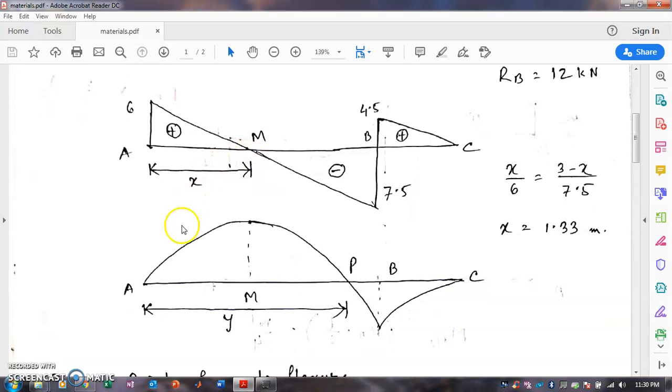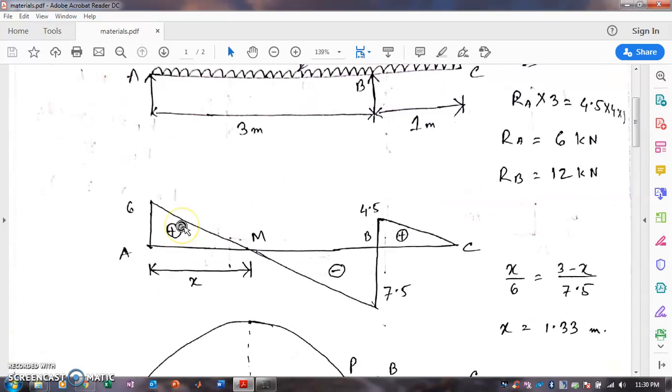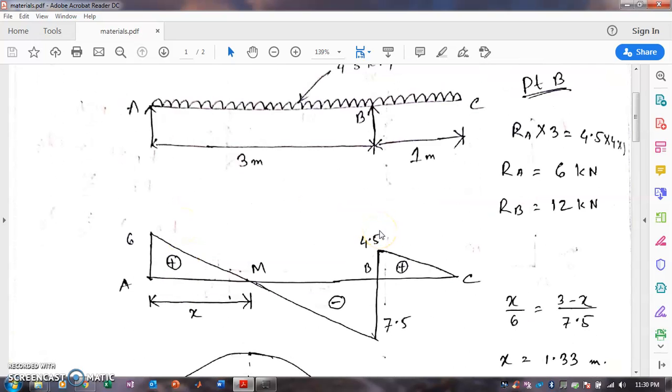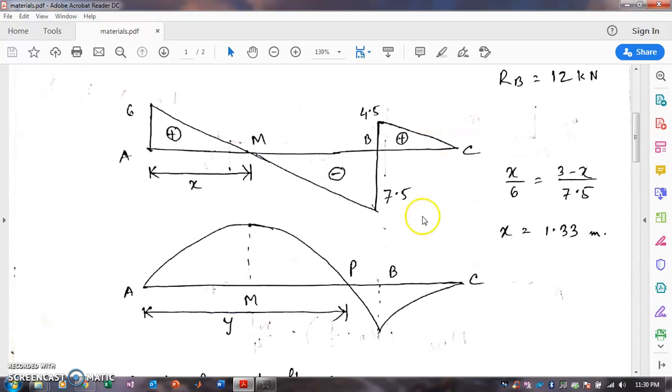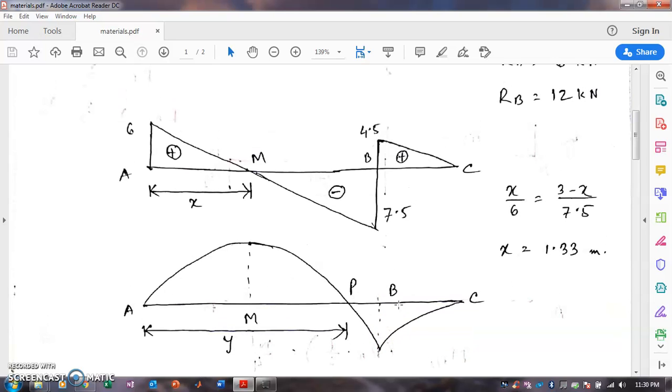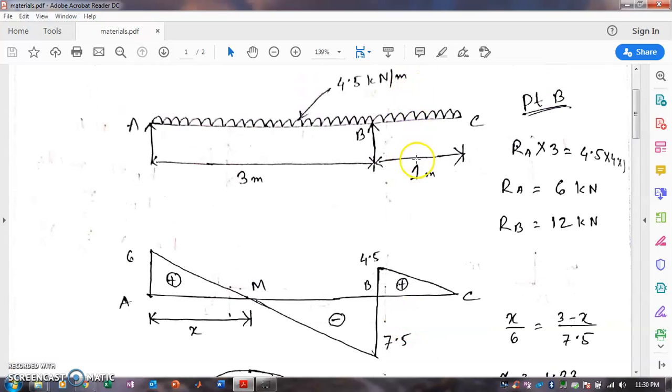Okay, so now by following the same procedure for the portion BC, as it is a cantilever with a uniformly distributed load, here the bending moment diagram will be parabolic and negative as the force is downwards, so it will follow the y axis.